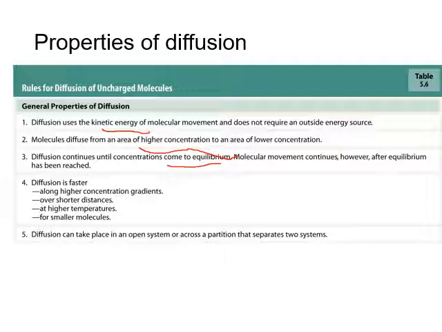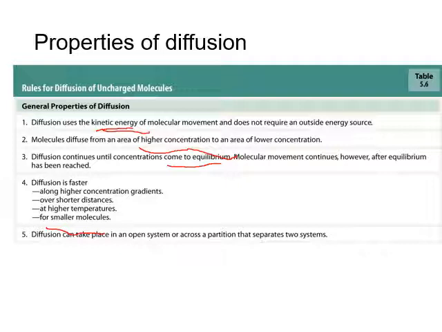Diffusion also occurs faster over shorter distances. Higher temperatures increase diffusion. Remember, what's the driving force for diffusion? It's kinetic energy. At higher temperatures, those molecules will be bouncing much quicker, and therefore diffusion is much faster. And then smaller molecules move faster than these big clunky molecules.